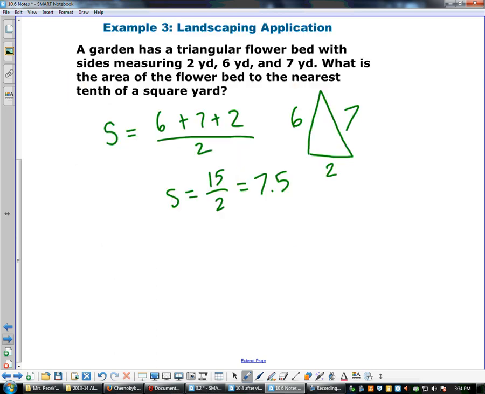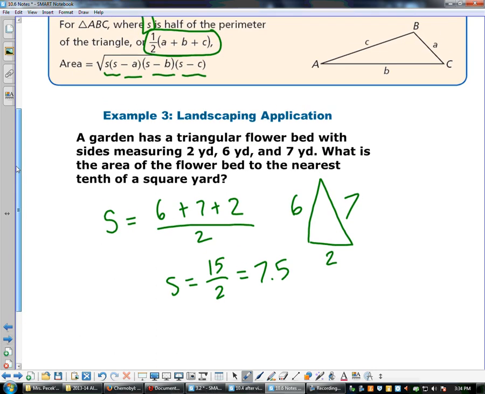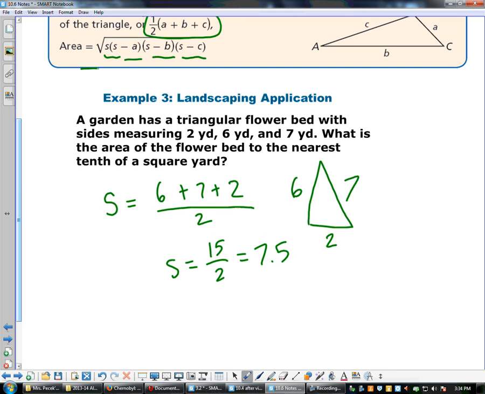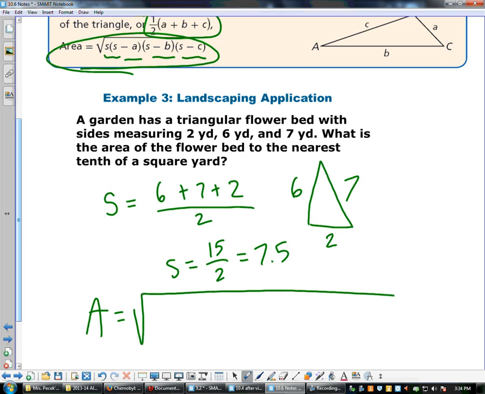So that's our semi-perimeter, and then our formula says we want to take the square root of, so the area of our triangle is the square root of 7.5, that's our S, times 7.5 minus A, which is 7.5 minus 6, or 2, or whatever side you want, because we have to do all three.